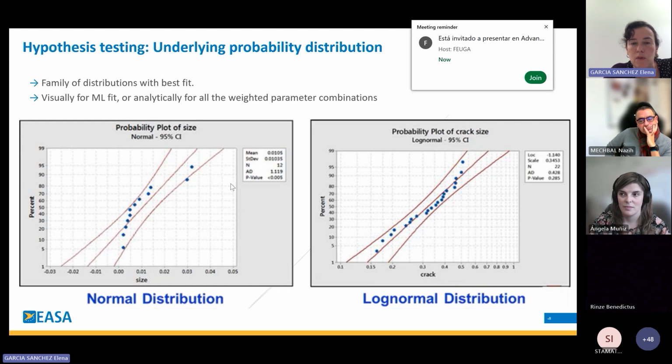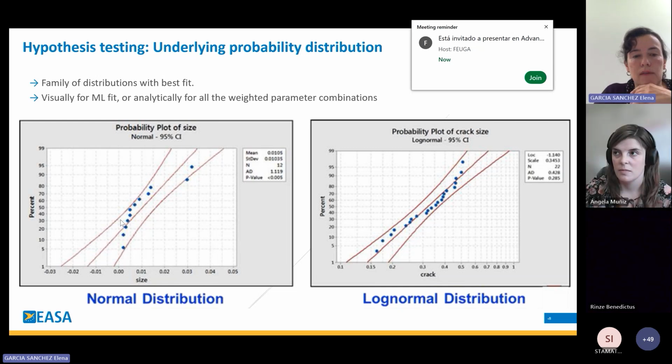In the right one, it was a log normal. So it can be done visually, or it can be done more scientifically to look at which distribution will have the highest probability to have happened with this particular sample.